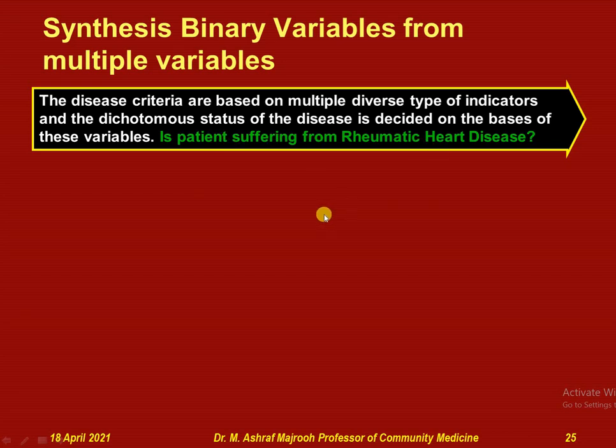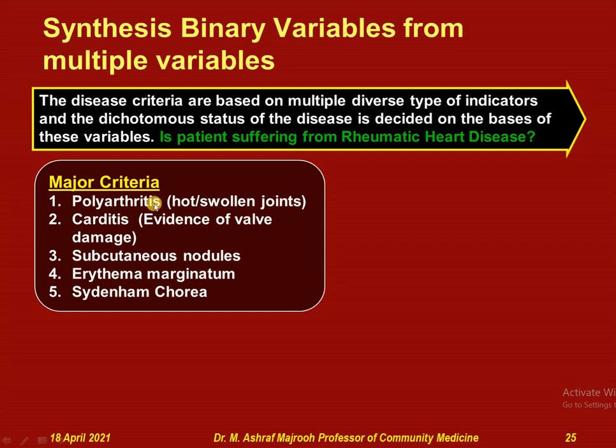So to establish rheumatic heart disease, we have a lot of data in the form of diverse types of variables like Jones major criteria: polyarthritis, carditis, subcutaneous nodules, erythema marginatum, Sydenham's chorea. So these are the variables. Mostly these variables are qualitative variables.